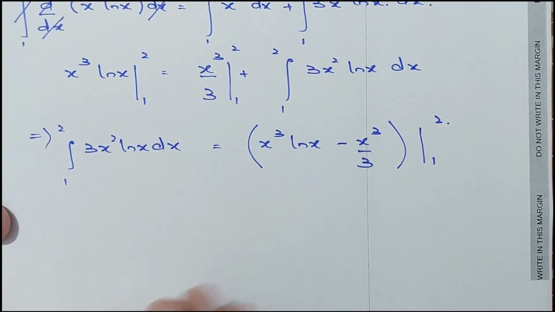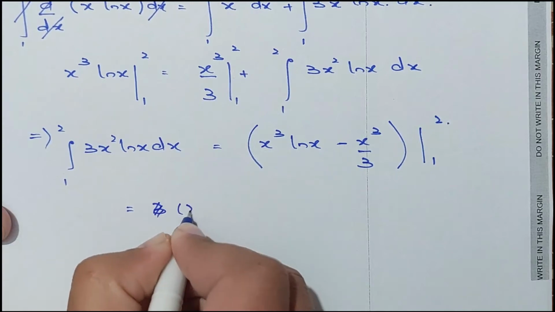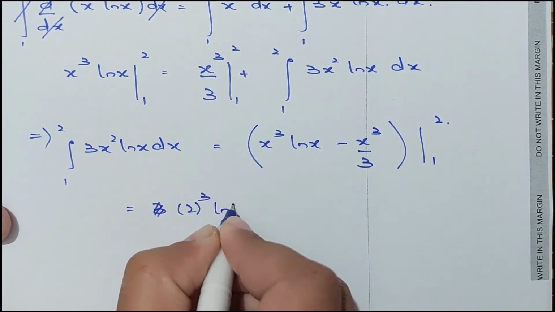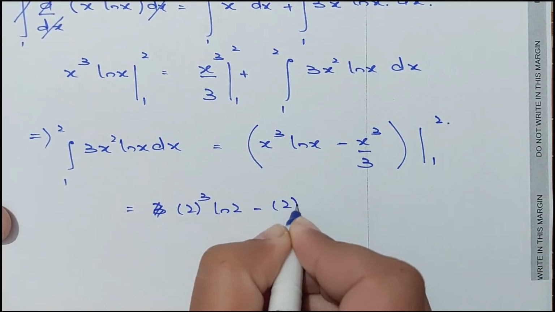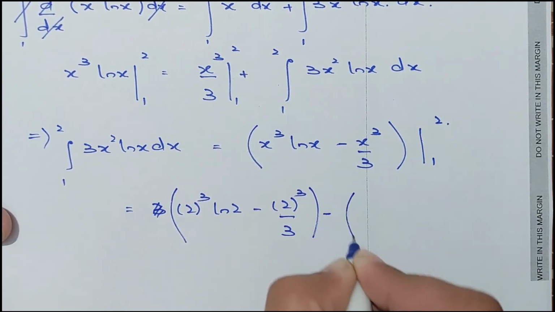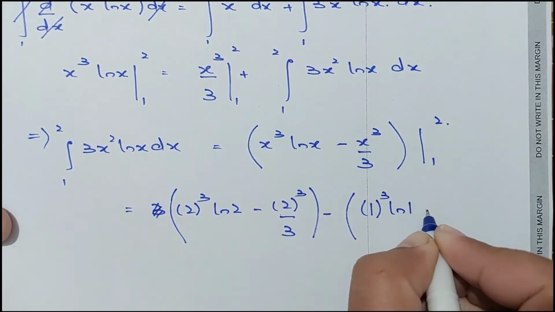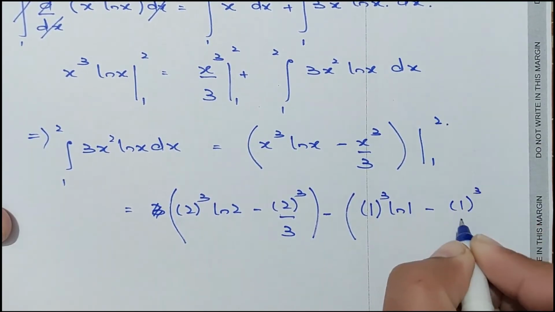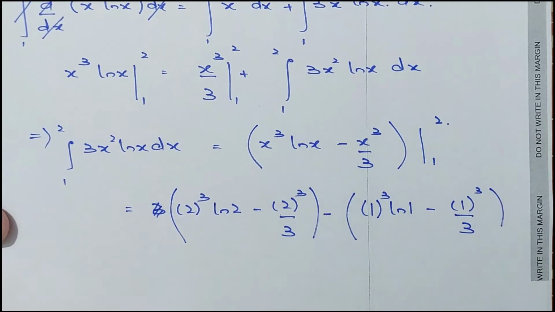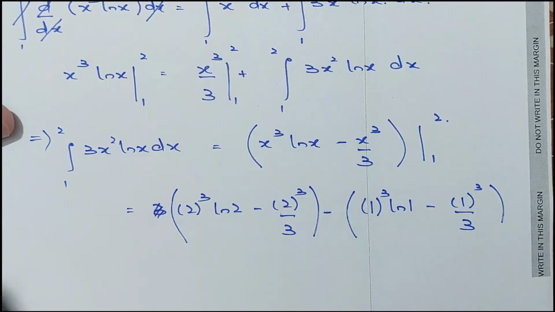Applying the upper limit first, which is 2 cube ln 2 minus 2 cube over 3. This is my upper limit. Subtract the lower limit, which is 1 cube ln 1 minus 1 cube over 3. ln of 1 is 0, yeah, ln 1 is 0.